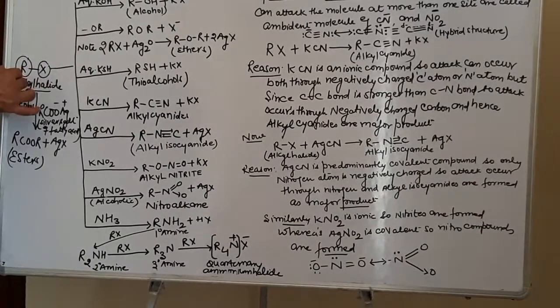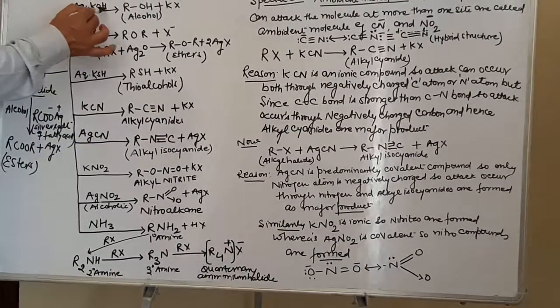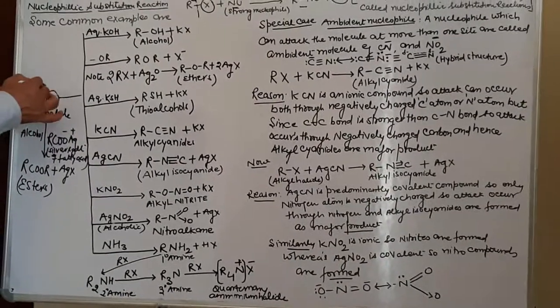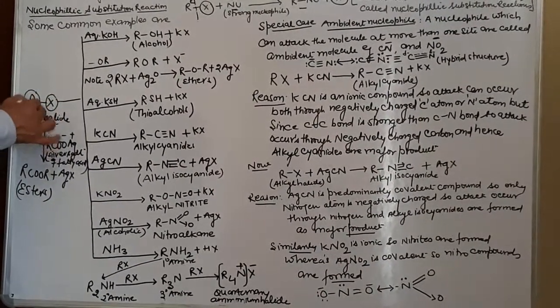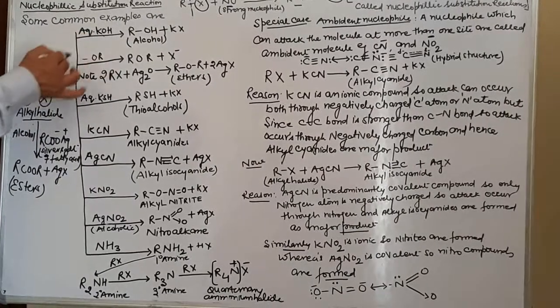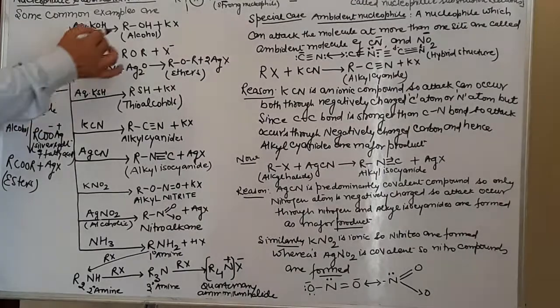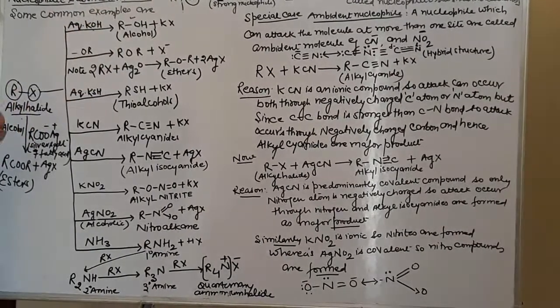Now this alkyl halide, when made to react with aqueous solution of potassium hydroxide, what will happen? This R-X bond will cleave. OH is a stronger nucleophile. It will substitute the X negative ion, which is a weaker nucleophile, and will result in the formation of alcohols.